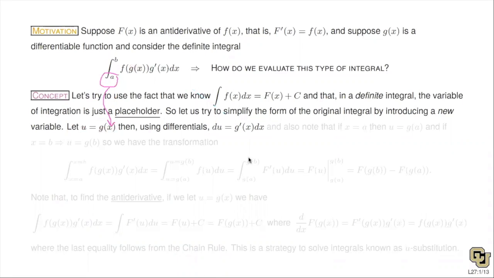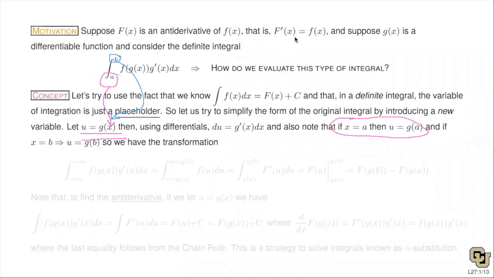So when x equals a, I get that u equals g of a, because I'm just plugging right in for x. And when x equals b, I'm just going to plug right in here for b. I say u equals g of b.